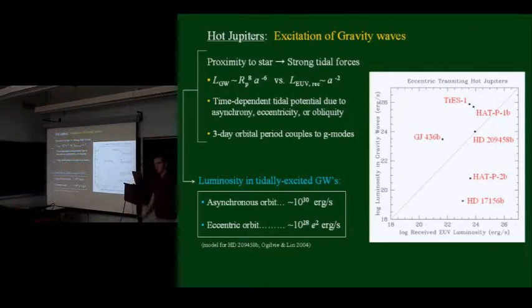Why did you say that the gravity waves would be excited at the boundary of the convective layer in this case? Right. So when you expose the fluid to this time-dependent tidal potential, it's going to excite the waves at the altitude where the natural frequency resonates with the driving frequency, which is the orbital period, a few days.